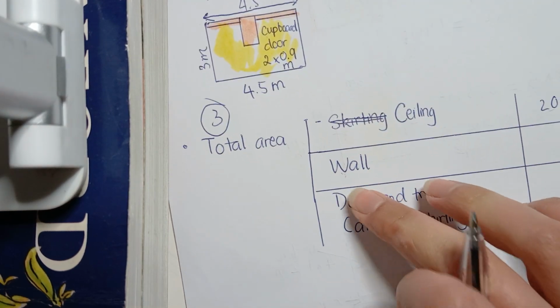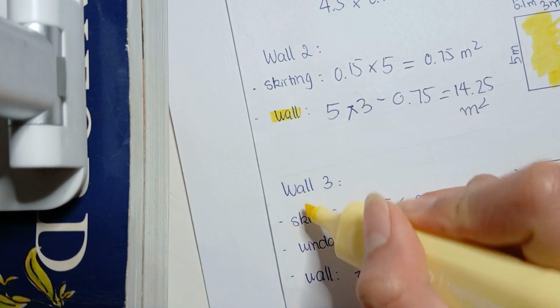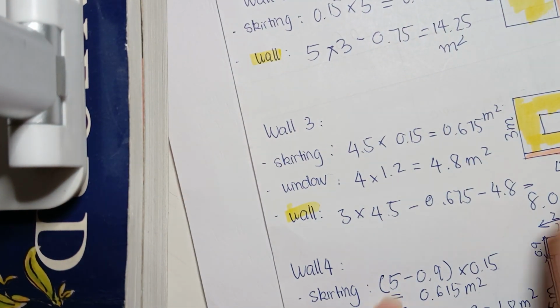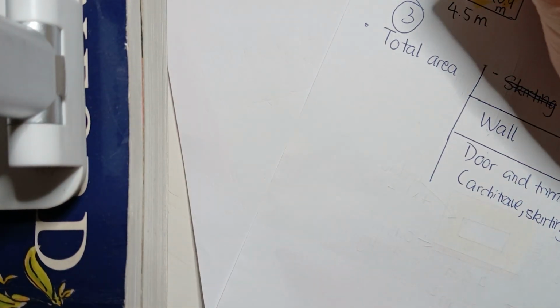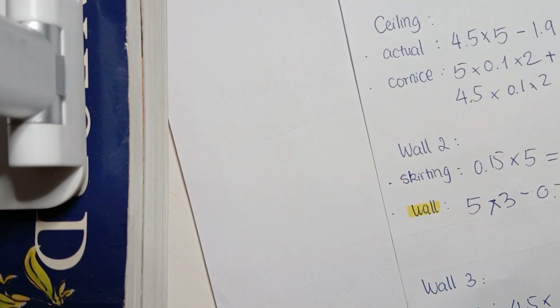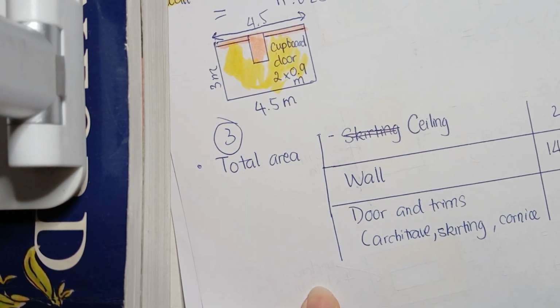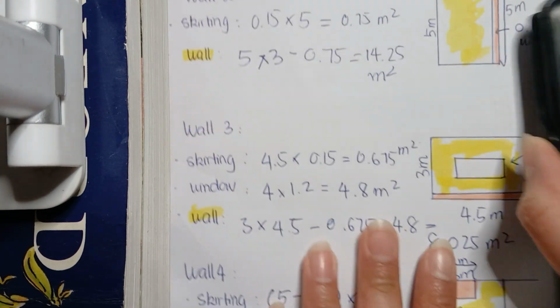Alright, the wall area will be all the yellow part that I have. I'm going to add them all in. You see? It's going to be equal to 14.25. Hold on, I'm just going to pop down to my calculator to show you.